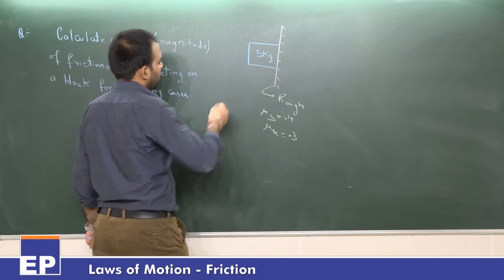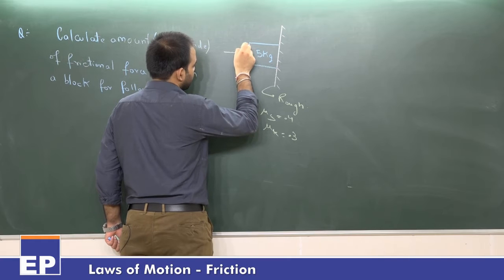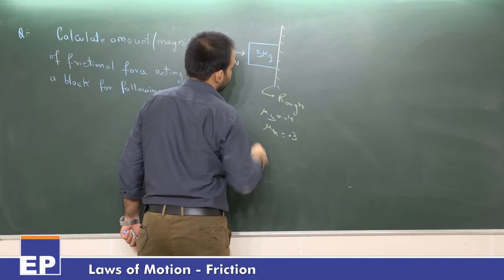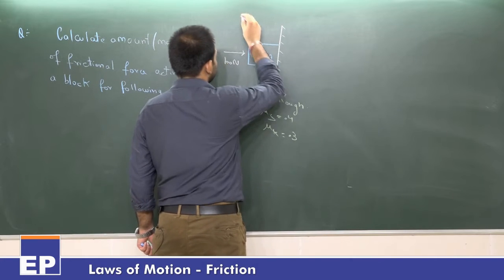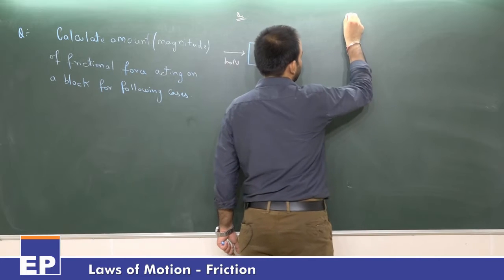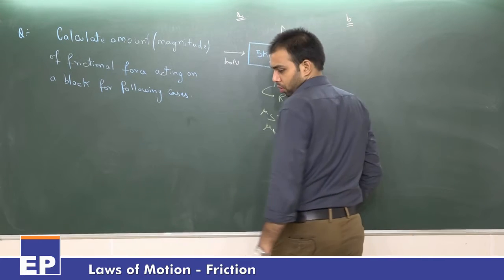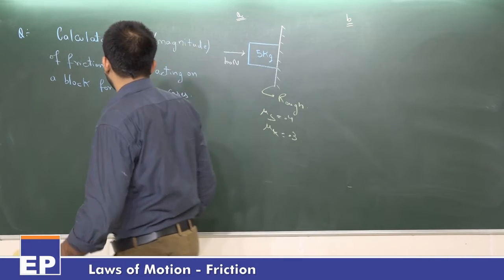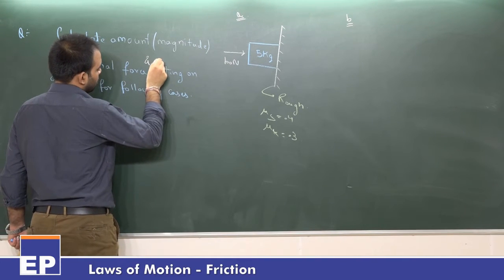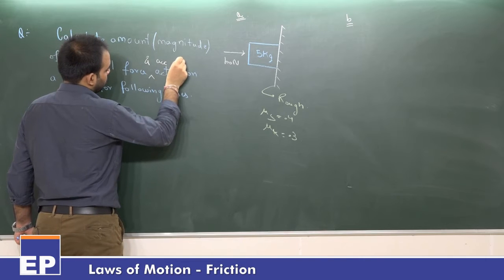Now here the force acting externally is 100 Newton. This is the A part and this is the B part. In fact, you calculate the amount of frictional force and acceleration of the block.